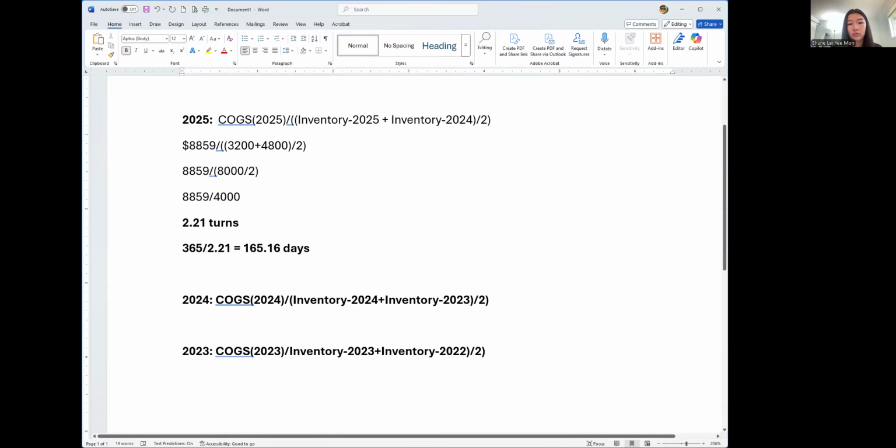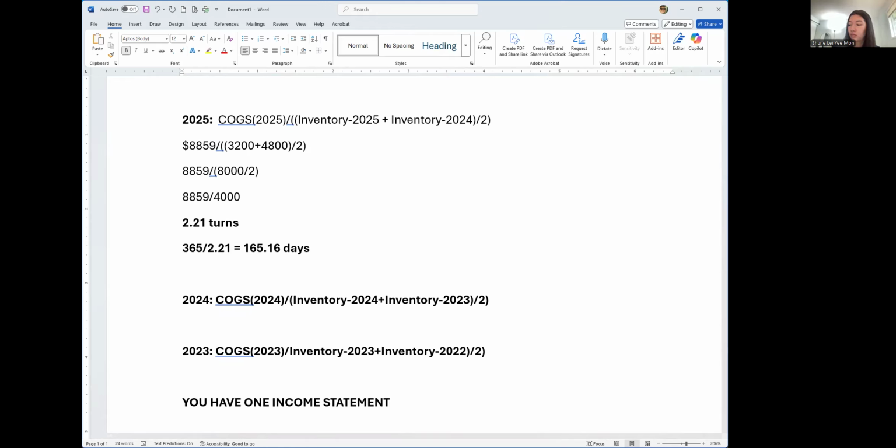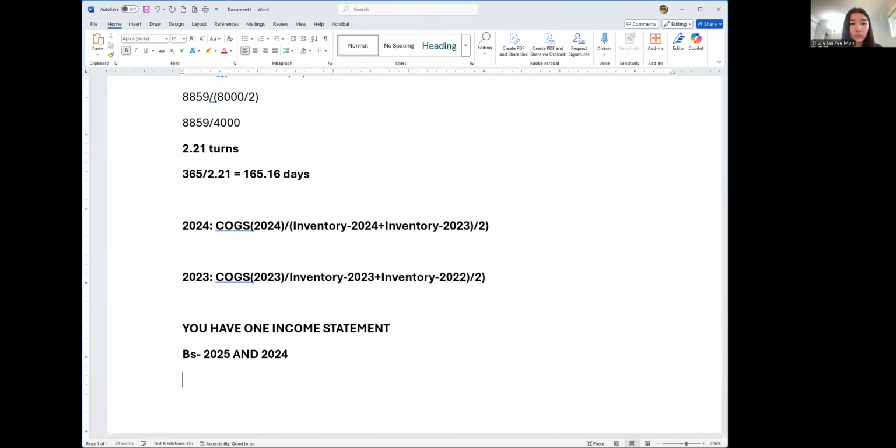Remember there were 3 balance sheets, right? You have one income statement because the income statement has 3 years on it. But you have the balance sheet for 2025 and it has the other column for 2024, right? You have the balance sheet for 2024, and it also shows 2023, and you have the balance sheet for 2023 and 2022.